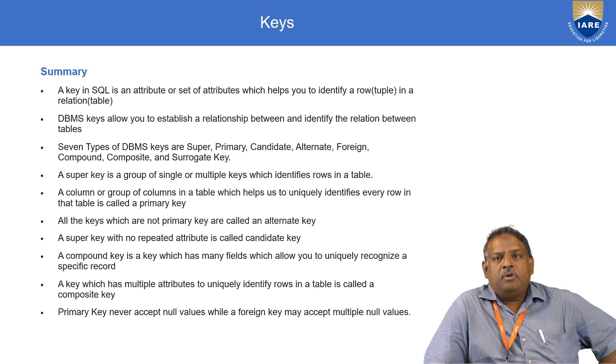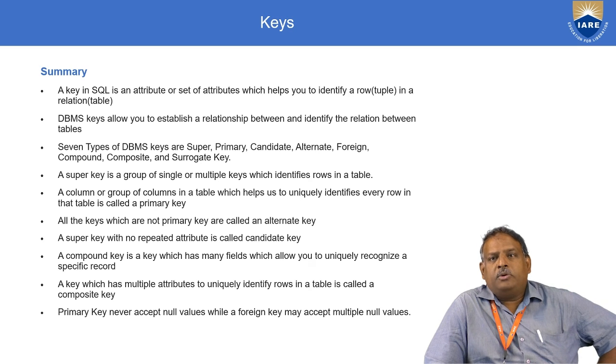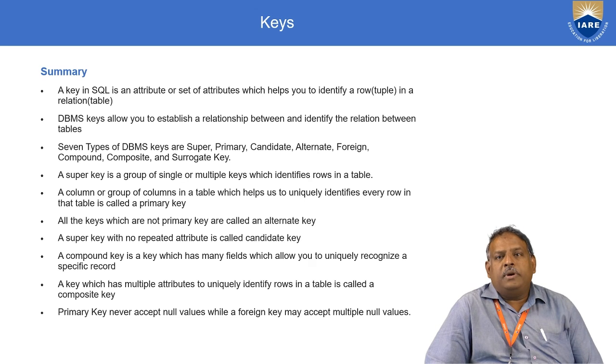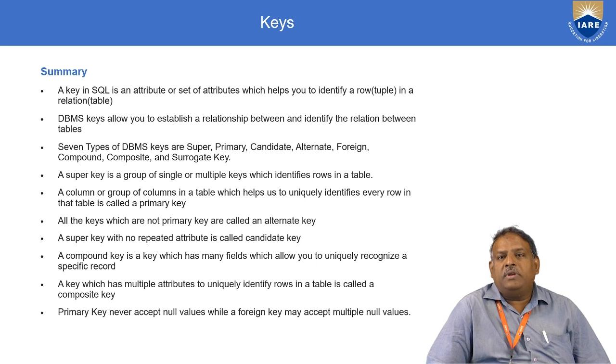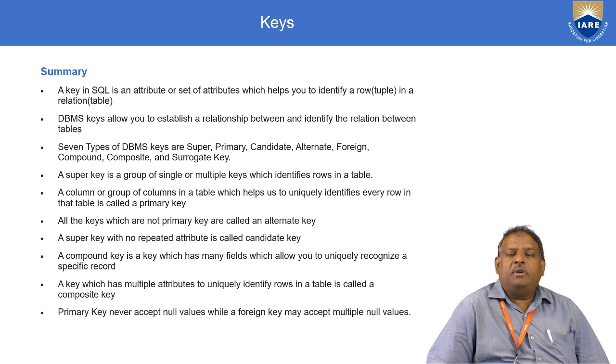The types of DBMS keys are super, primary, candidate, alternate, foreign, compound, composite, and surrogate key. A super key is a group of single or multiple keys which identifies rows in a table. A column or group of columns in a table which helps you to uniquely identify every row in the table is a primary key. All the keys which are not primary keys can be called alternate keys.